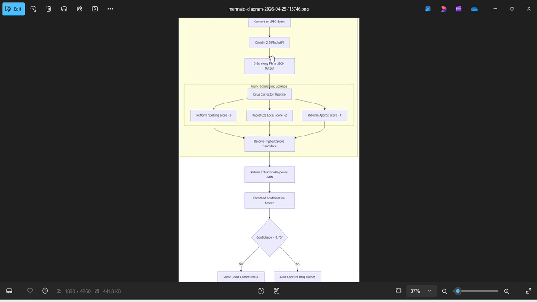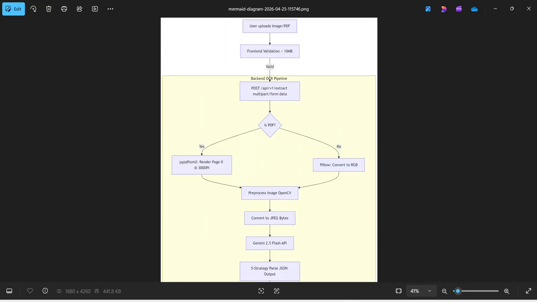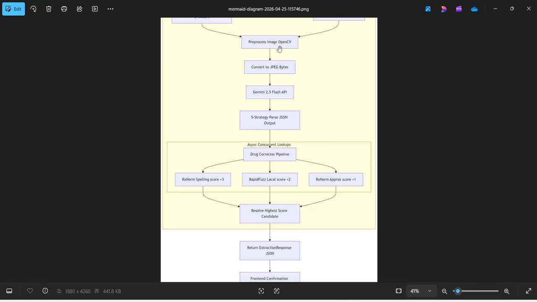This is our OCR diagram. This is what exactly shows how the prescription details are interpreted into proper formats. The user uploads images or PDF, and by using the POST HTTP method, we check if it is a page or a PDF, and then for the preprocessor, we use OpenCV.